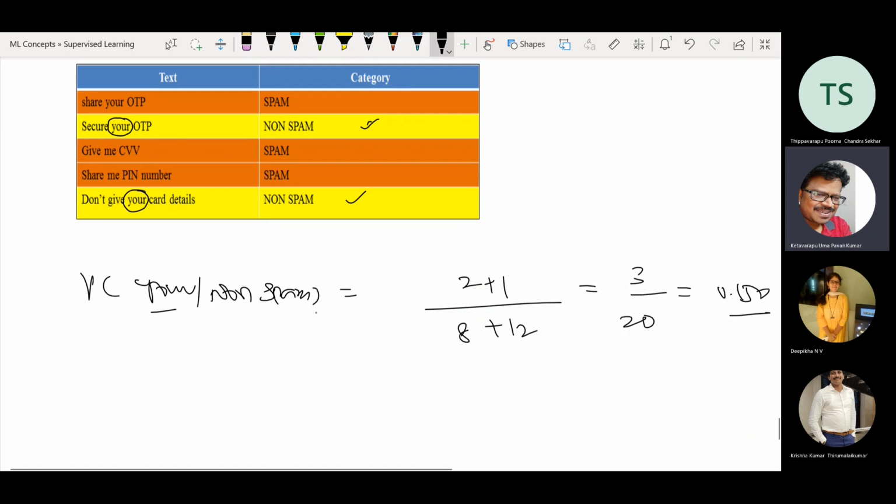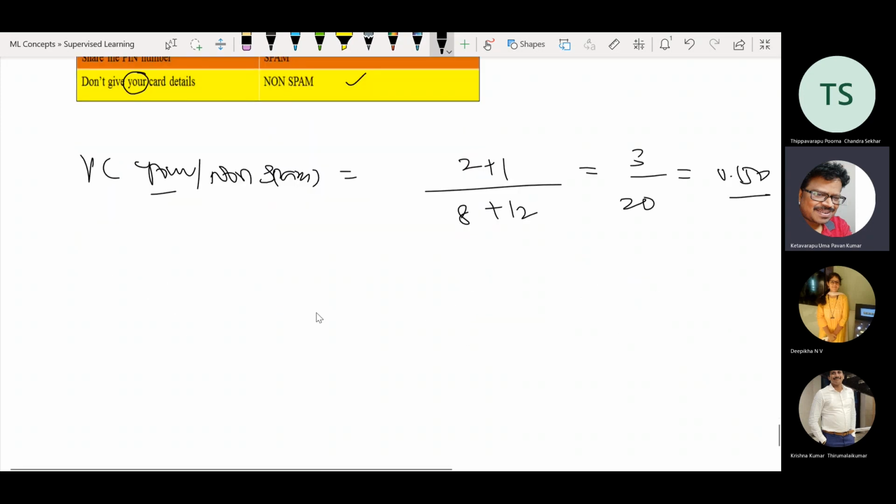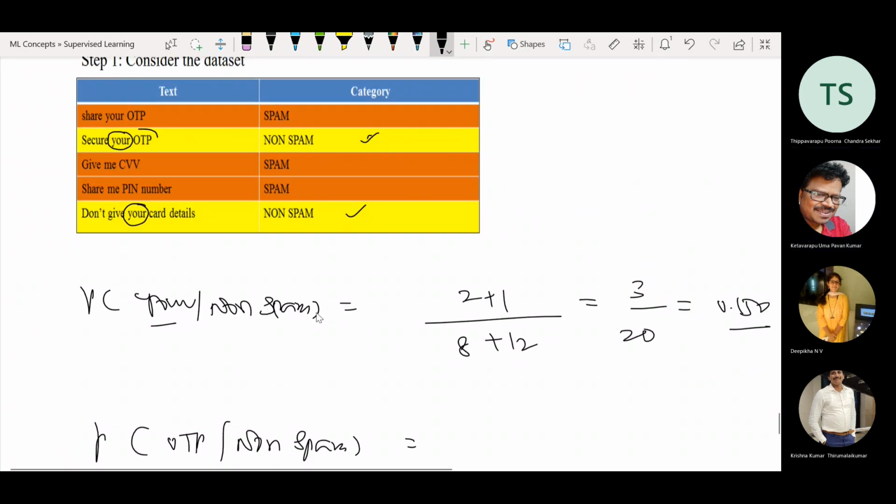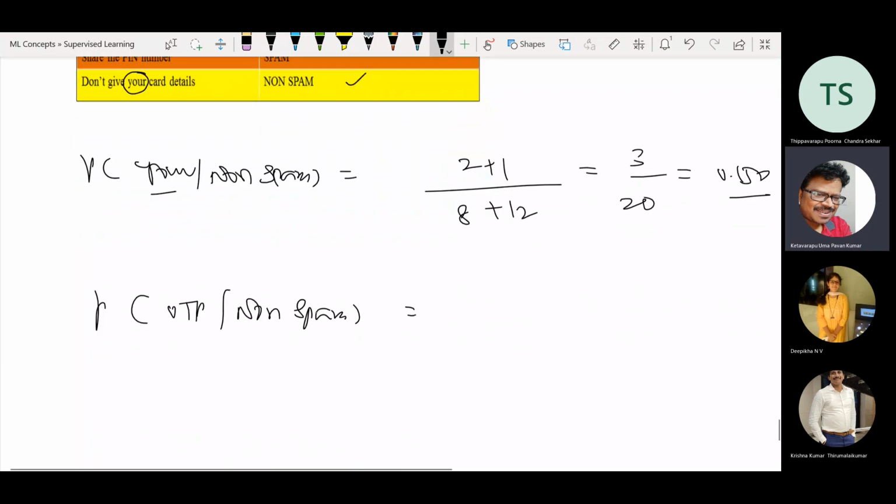This is the value. And finally, OTP given non-spam: how many times did OTP occur? One time in the non-spam category. So I have 1 plus 1, and the denominator remains the same, no change: 8 plus 12, 2 by 20, which is 0.100.